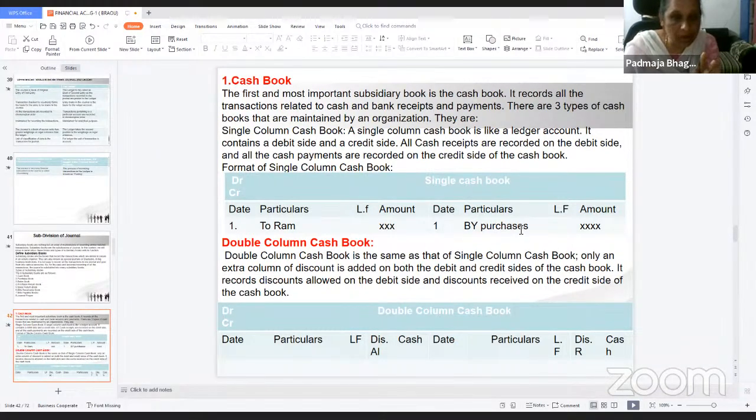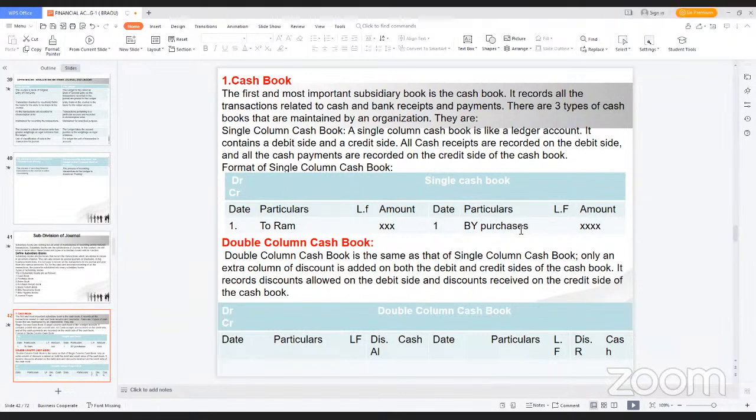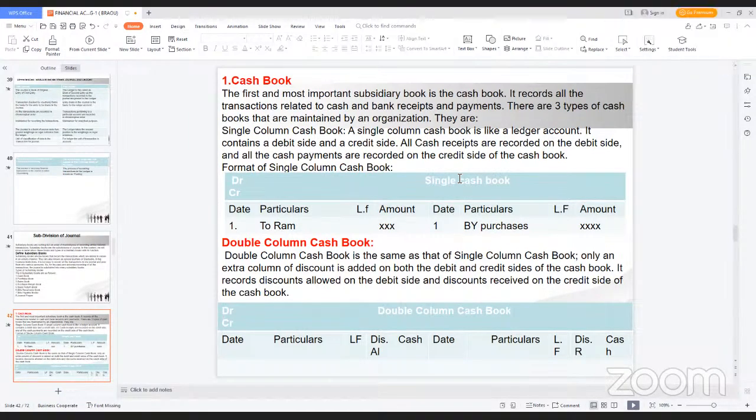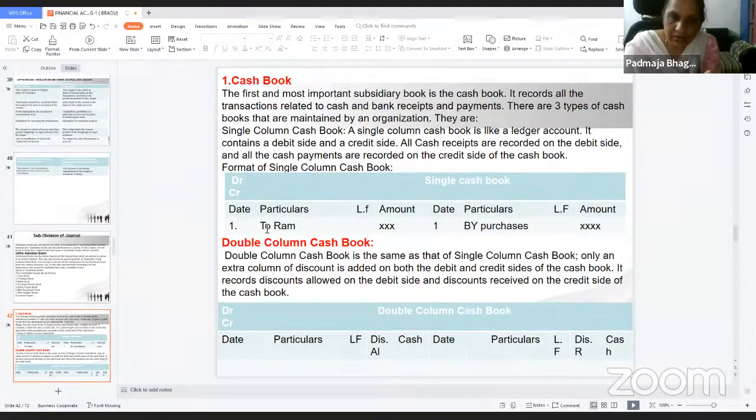So purchases has come on the credit side. Right. And the next one is cash account debit to Ram account, Ram received the cash. So that one comes on the debit side.